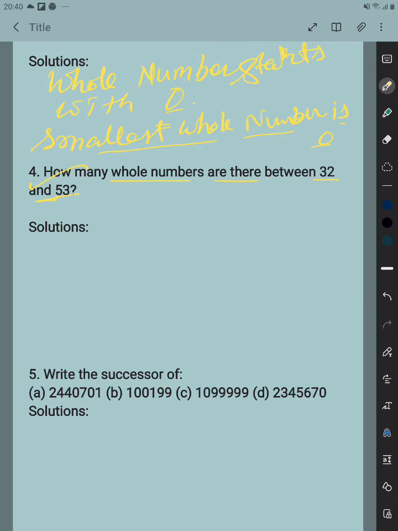First we will write what those numbers are, then we will count them. For finding the whole numbers between 32 and 53, we need to keep adding 1 to 32 till we reach 53.